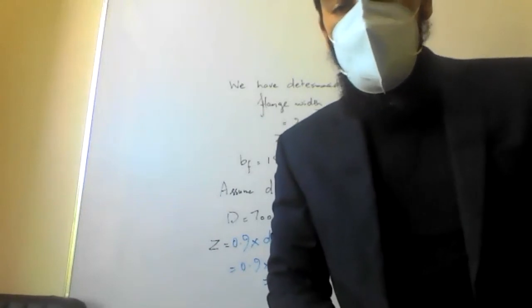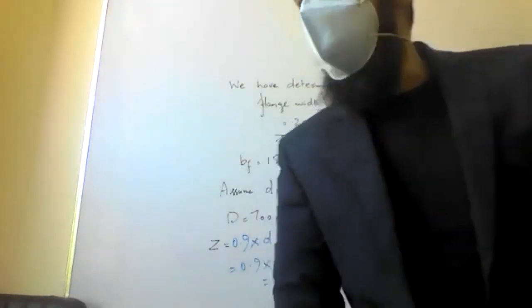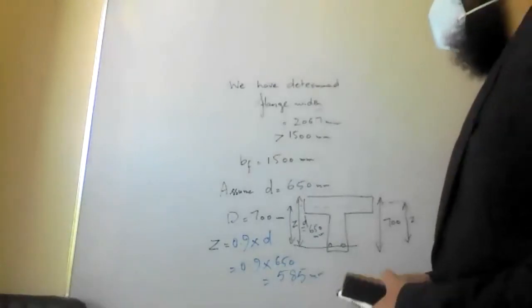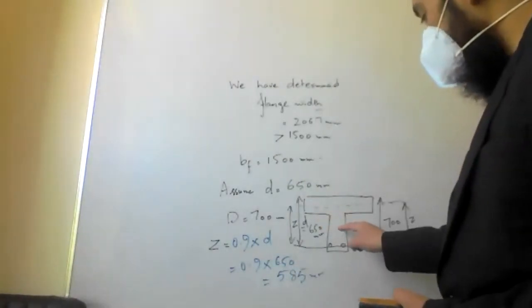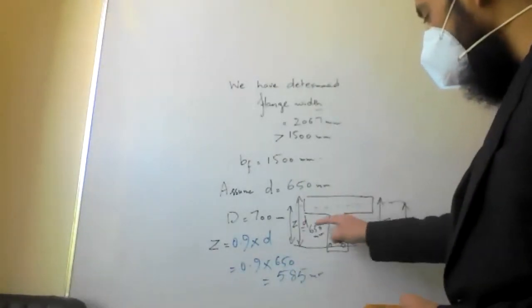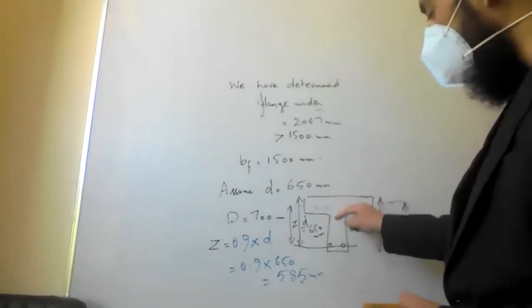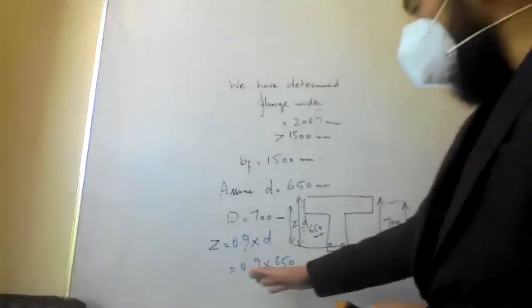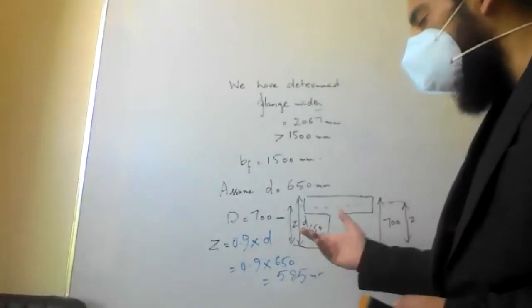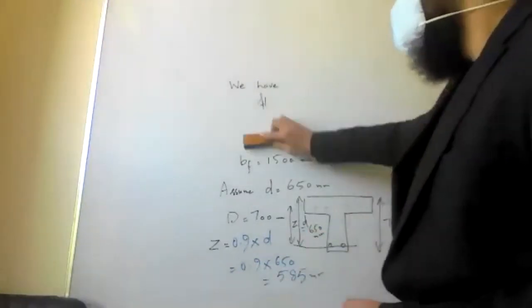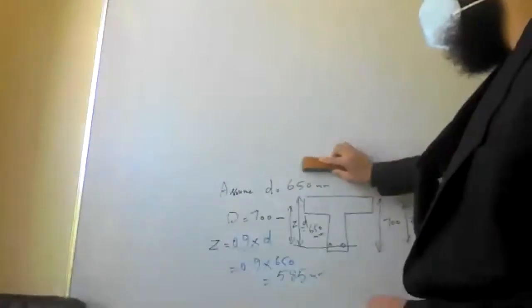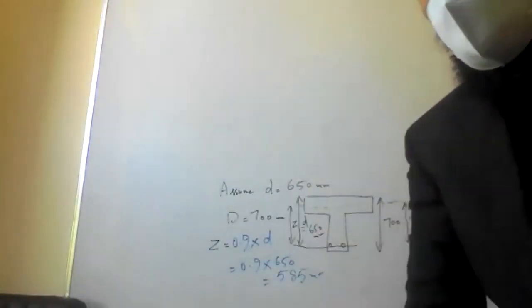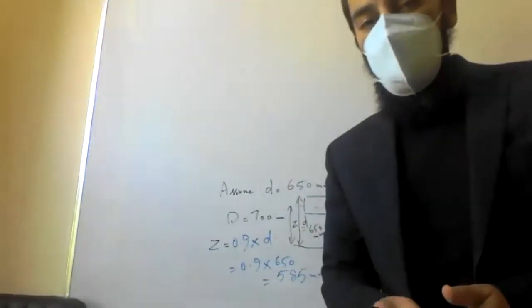Where is the center of the compression, because the section is changing? If the neutral axis is below this, you don't know the center of the compression there. Now we are just assuming the lever arm at this point. It's somewhere 0.9 times the effective depth, so it comes out to be 585.